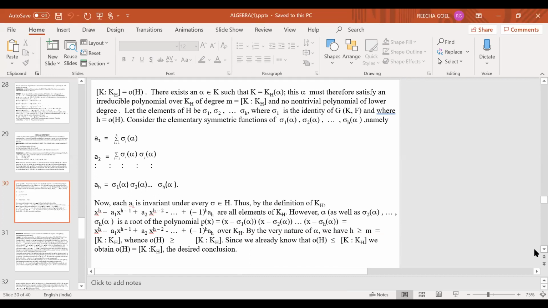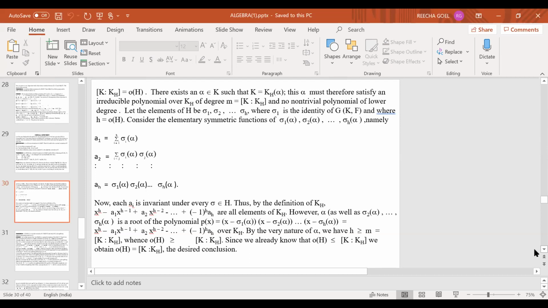That is, if x raised to the power n plus alpha 1 x raised to the power n minus 1 plus alpha 2 x raised to the power n minus 2, up to alpha naught, is a polynomial equation, and if lambda 1, lambda 2, up to lambda n are the roots, then the sum of the roots is nothing but the negative of the coefficient of x raised to the power n minus 1, the product of the roots, etc. I think all of you are familiar with this type of relation. You must have used this even in solving quadratic equations.